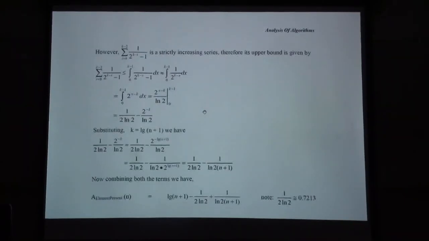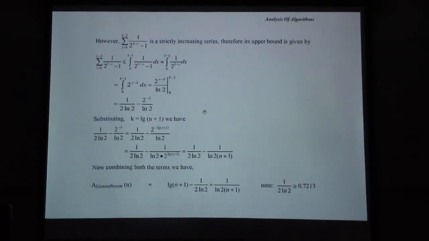I'm not going to go through the details of this, and in the next section we'll talk much more about some math ideas, but the summation here is going to be less than this continuous summation, also known as the integral. Don't sweat it, even if you don't know too much about it or you forgot it 3 years ago. This is going to be less than this integral, which is approximately equal to this integral by taking the minus 1 out.